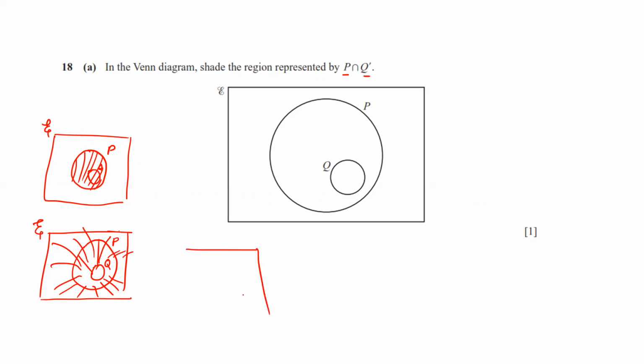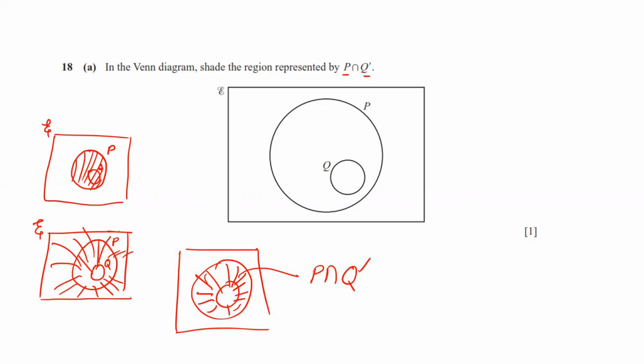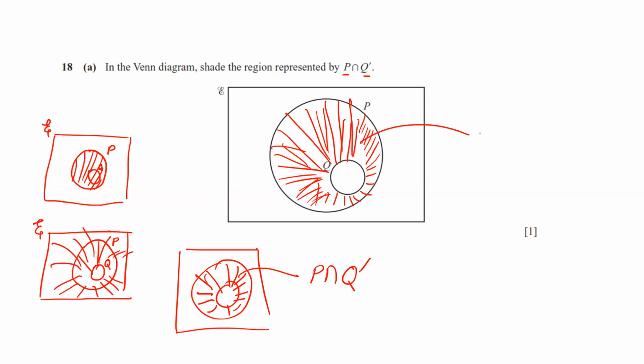We can easily see that in this diagram only this region is P intersection Q dash. So my shaded region is like this, and make sure you don't go into Q and you don't go out of P. Something like this shaded region is your P intersection Q dash.